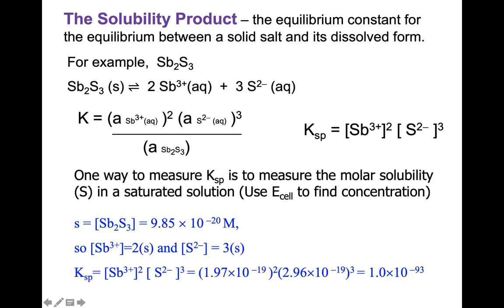We can put those values into our expression for K, right? So concentration of antimony ions squared times concentration of sulfide ions cubed. We multiply this out, we get 1.0 times 10 to the negative 93rd. So a very, very small value for the K, which means antimony sulfide really doesn't want to dissolve very much.